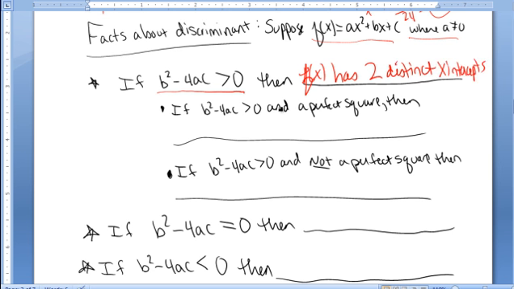If the discriminant is positive and it is a perfect square, then f of x has two x-intercepts and they are both rational numbers.